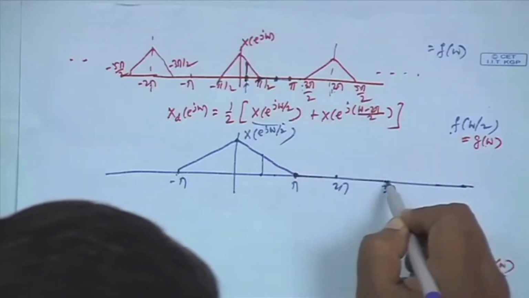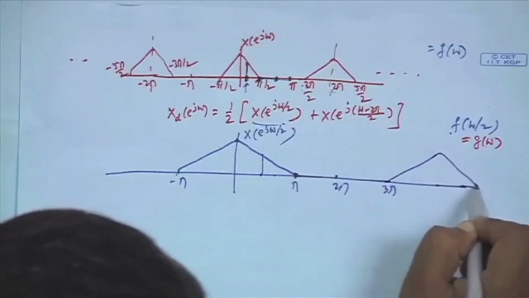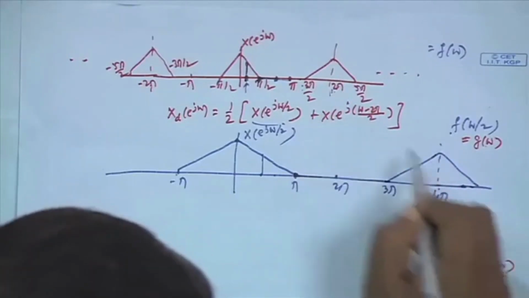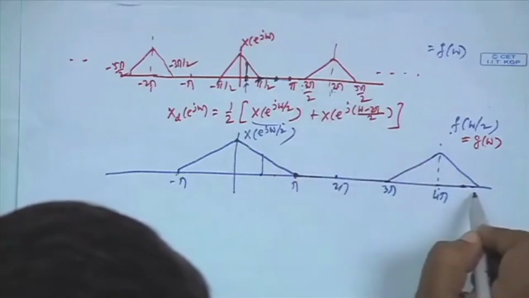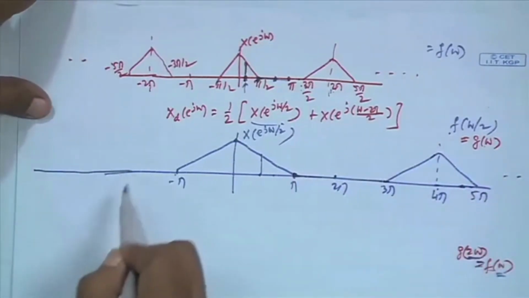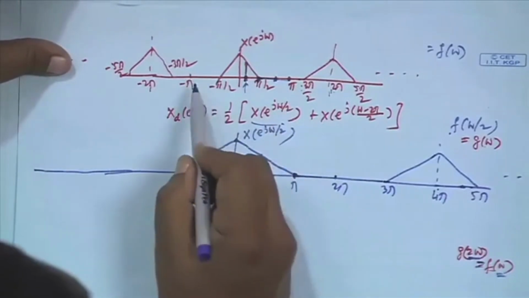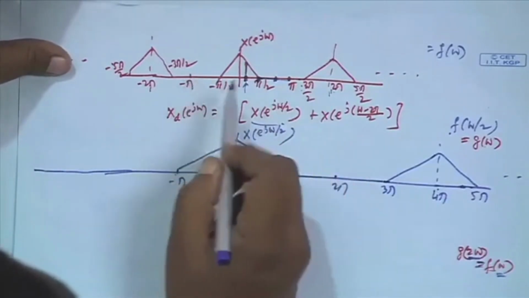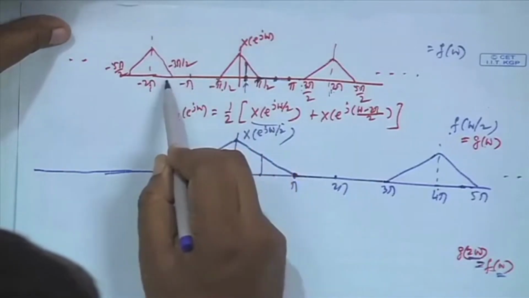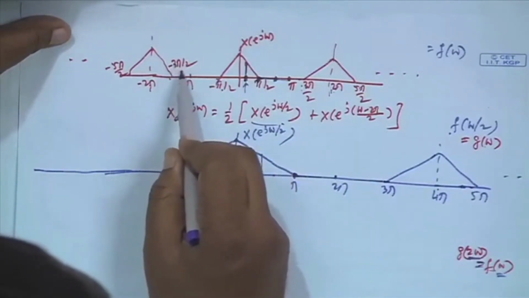So, in this zone, again I have some repetition: 3 pi to, then the center point is 4 pi, twice that, then here twice that is 5 pi, and so on. And on this side, minus pi by 2 becomes minus pi, and minus 3 pi by 2 becomes minus 3 pi.